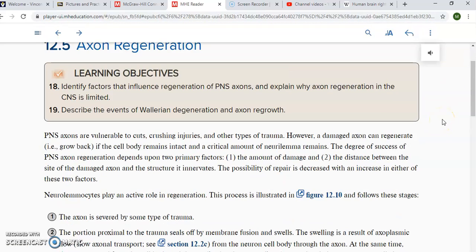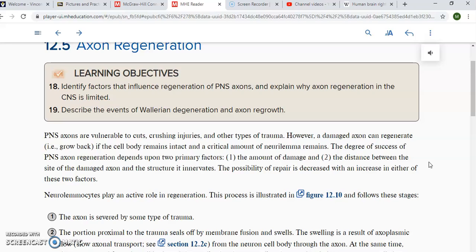All right. So the things that we want you to be familiar with. Obviously, the peripheral nervous system axons, any part of our nervous system is protected in the body, but it can be damaged.